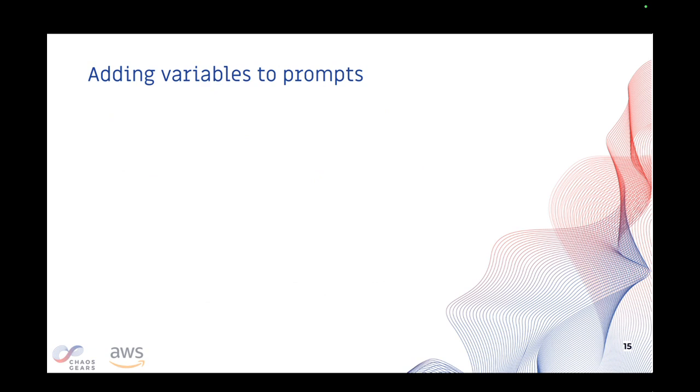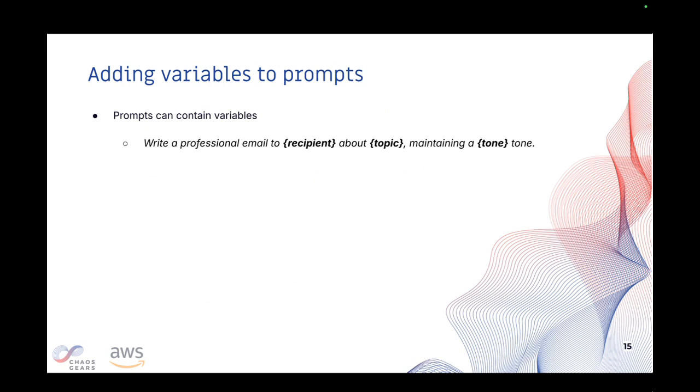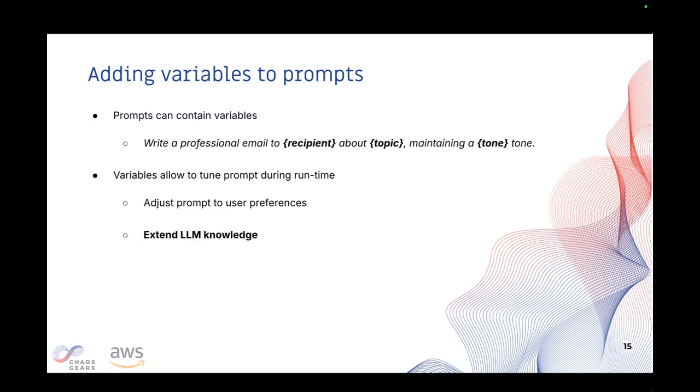The next thing is variables. So you can add variables to your prompt. And here is an example. So you have some boilerplate prompt with some instructions, but there are also variables that you can inject during runtime, and it allows you to, for example, adjust the prompt to user preferences or to extend LLM knowledge.